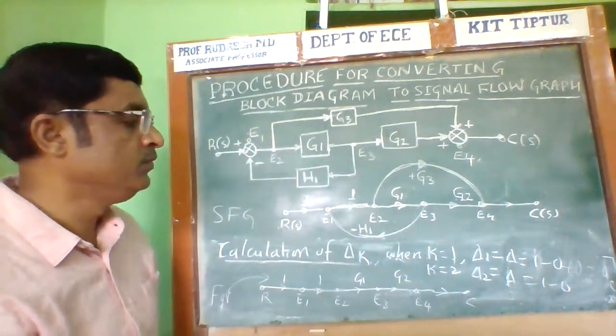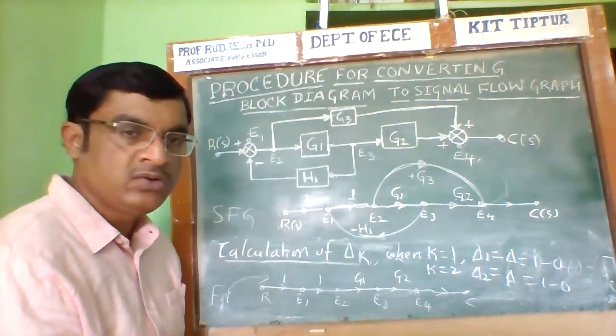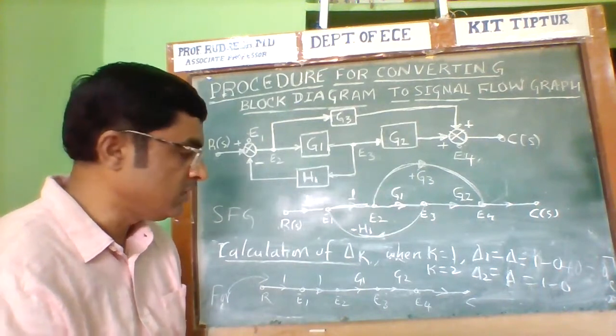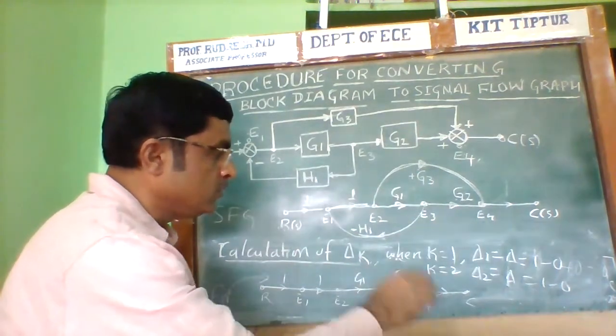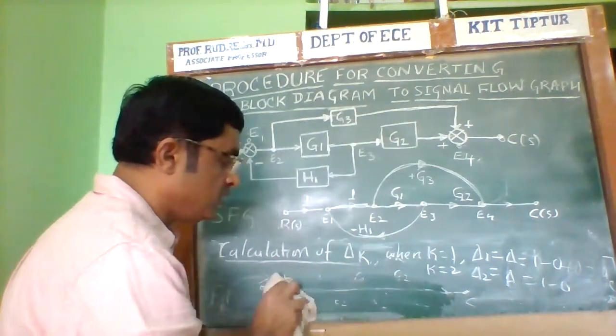Similarly, delta 2 can be calculated by considering the second forward path. This is the second forward path.